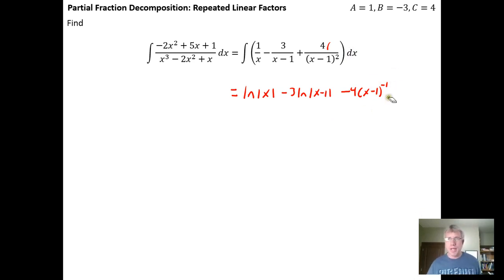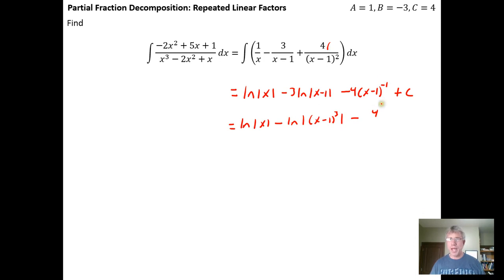We can leave it with the negative exponent or move the x minus 1 down into the denominator position to get a positive exponent. Either way is correct. We need plus a constant of integration. And here we could use some log properties to change how this is written. For example, the 3, which is a coefficient on the natural log, could actually come up into the exponent position on the x minus 1 using log properties.